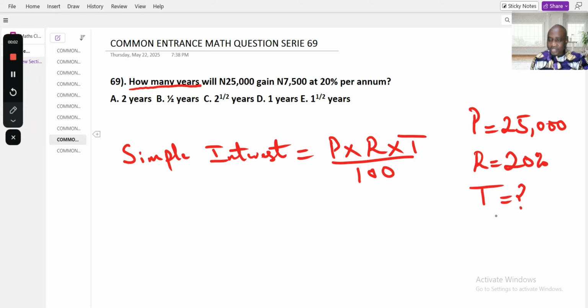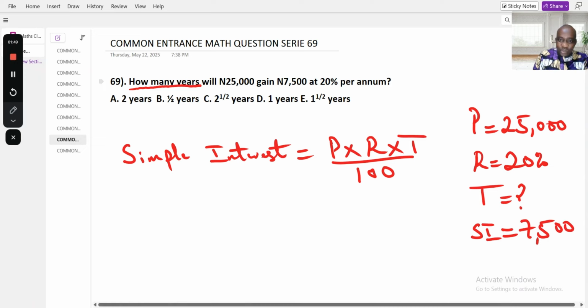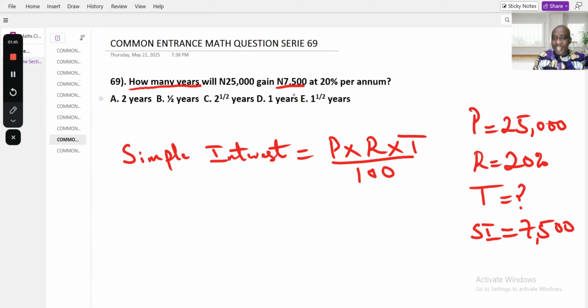We don't know yet. What is our simple interest? Our simple interest is 7,500, which is the gain the question has given us here. How much will 25,000 gain 7,500? So the question has given us the simple interest already, which is 7,500.